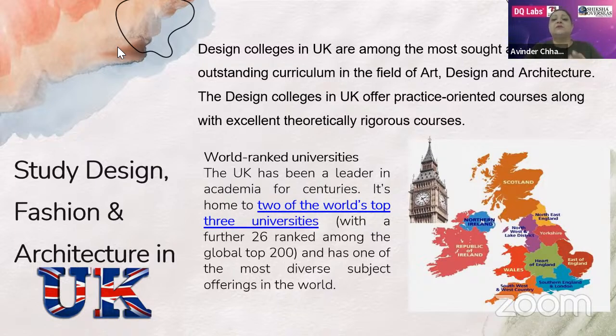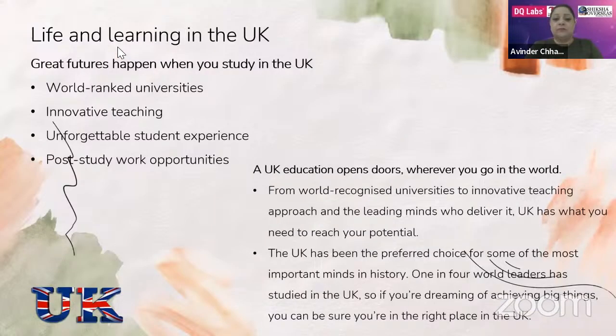This is as per the rankings that are available on the internet, so there is nothing that I have made up here. Whatever facts and figures I'll be presenting have been sourced from verified sources.